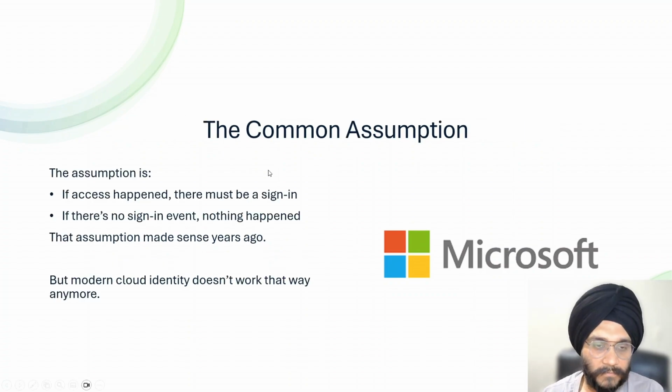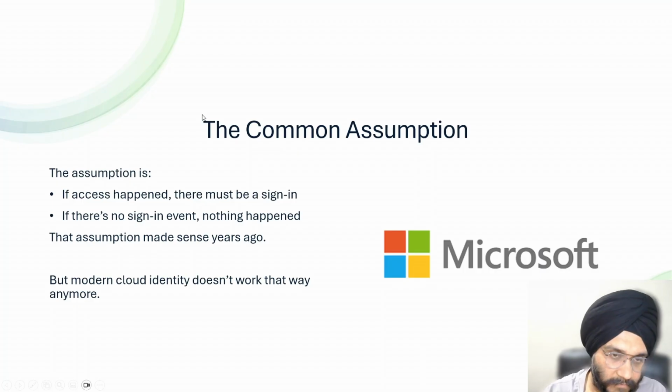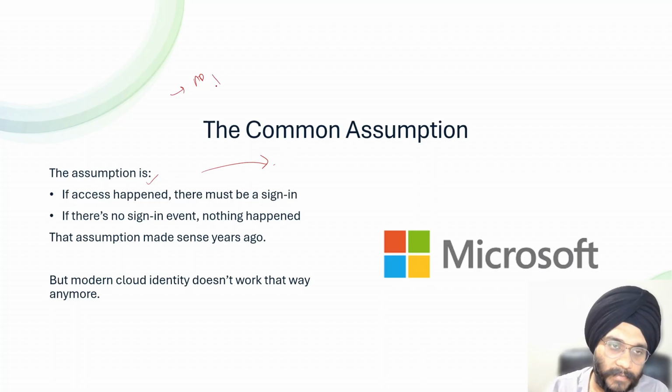One of the common assumptions in the IT industry, which most identity and access management engineers have, is: if access happens, there must be a sign-in. All admins think that if somebody accesses the application, there will be a sign-in log. That's not completely true.